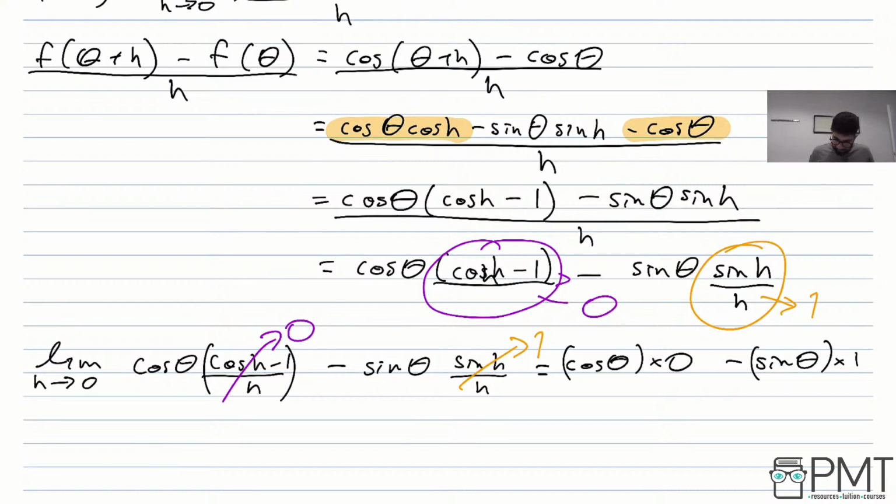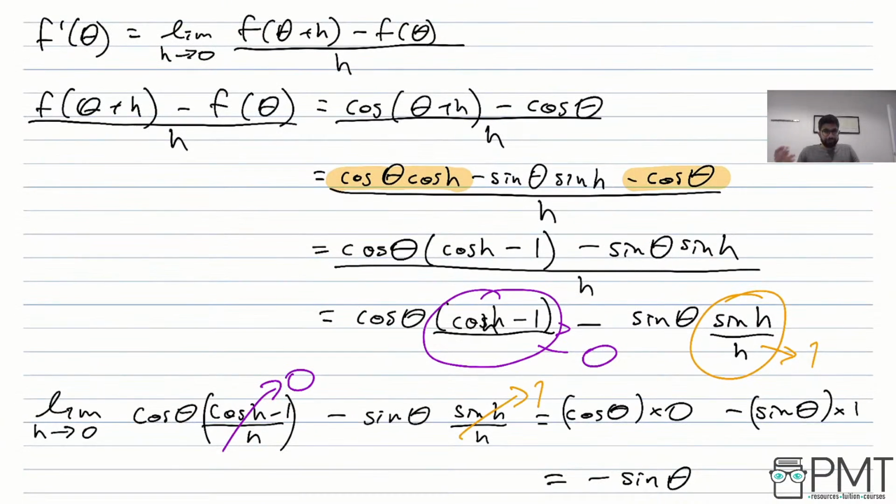Well, that means we are going to get minus sine theta, because 0 times cos theta is 0, and minus sine theta times 1 is minus sine theta.